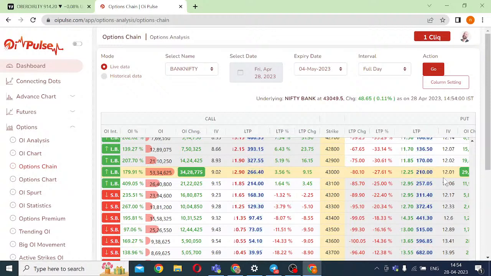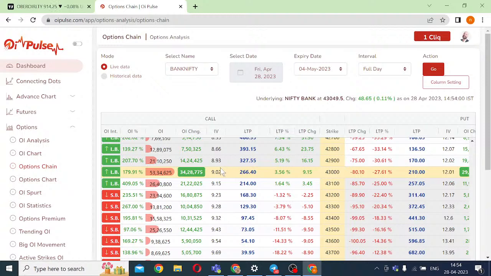Right now, if you see the ITM strikes, call side IV is 9, put side IV is 12. Given these two scenarios, and coupling it with low VIX, there is no interest from market participants to take it anywhere apart from decaying the options.